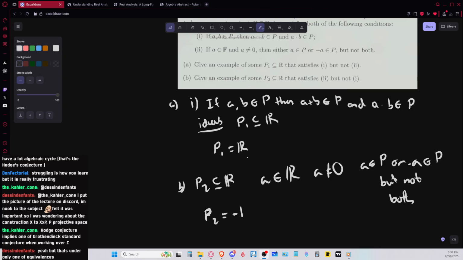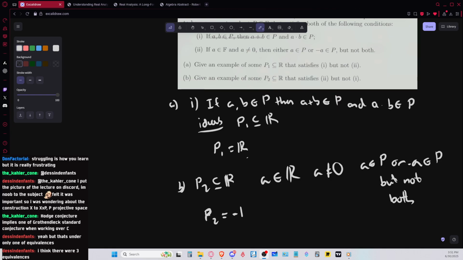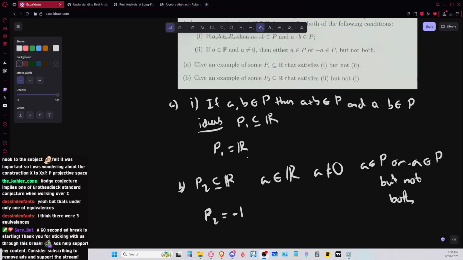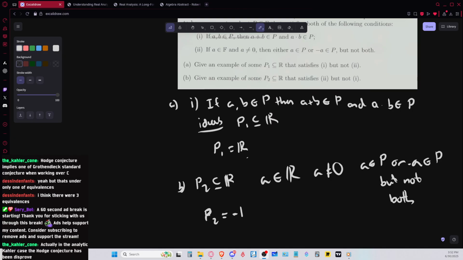But it's not both, so it does fulfill 2, I think. Now, if we had -1 plus B, then technically that would not be in P, because P is supposed to be -1. But would that work though? Did we actually break it?